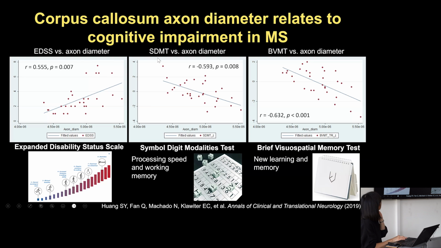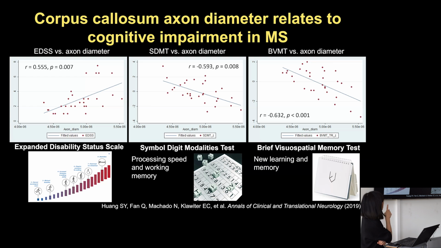And what was even more intriguing was that the performance of the patients on various cognitive tests, including these two tests, the symbol digit modalities test and this brief visuospatial memory test, was inversely correlated, with declining performance as axons got larger. These findings were particularly intriguing because cognitive impairment is a prominent feature of MS. Patients complain of having difficulty remembering or thinking.